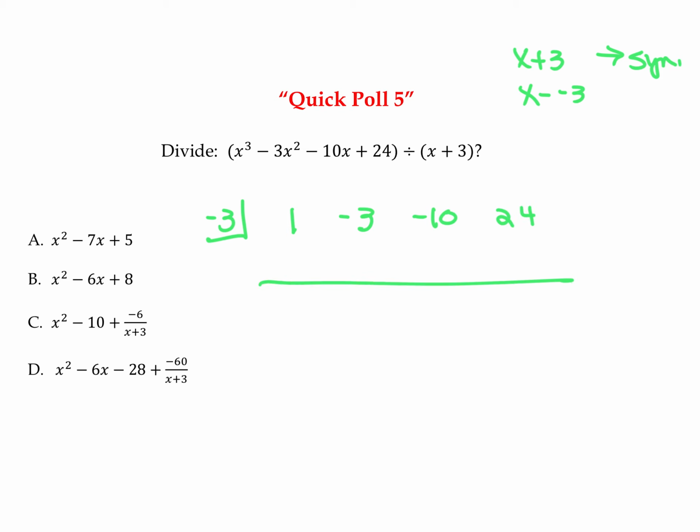I bring down the 1, and I multiply, and then I add to get negative 6. I multiply, and then I add to get 8. I multiply, and then I add to get 0, which tells me that my remainder is 0. This is going to be your remainder.